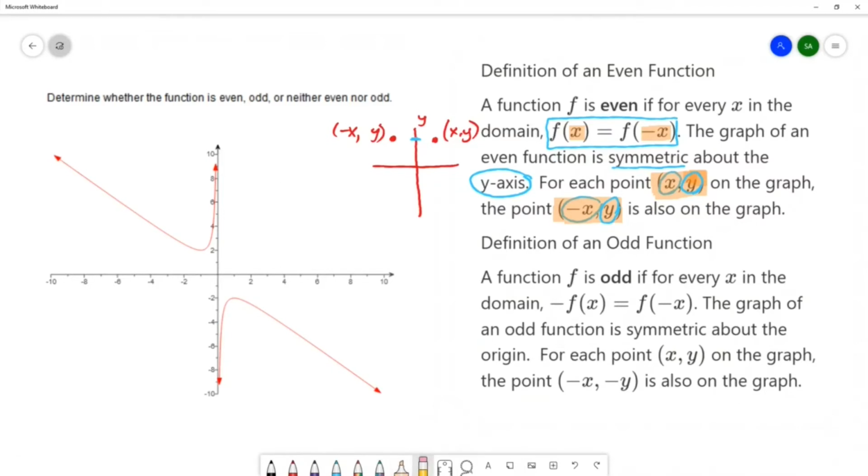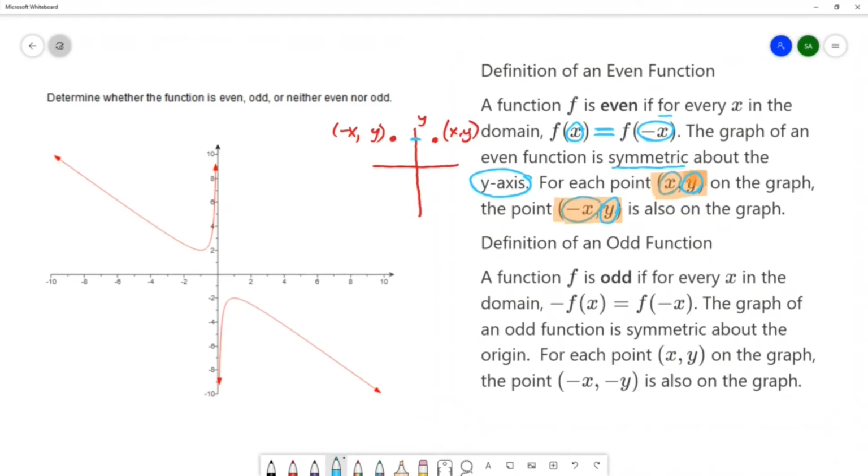And that is the same thing that these symbols here are telling us. We have the x's being opposite, and yet the y's are equal to each other.